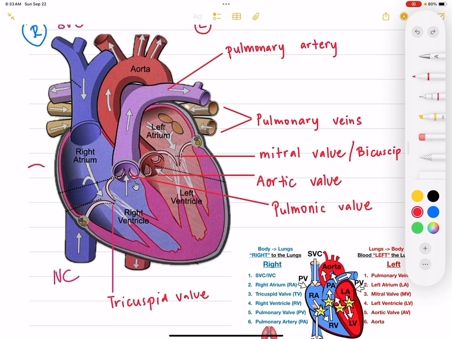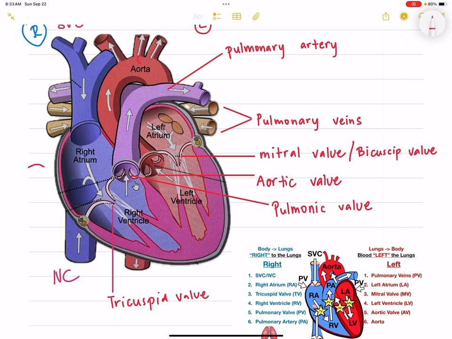The aorta arises from the left ventricle, as you can see here, and carries blood to the rest of the body.